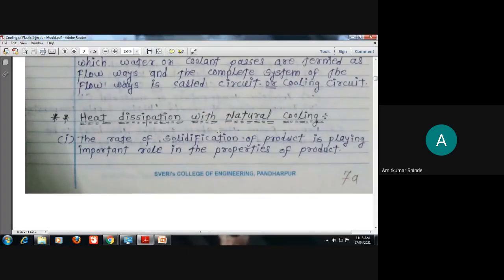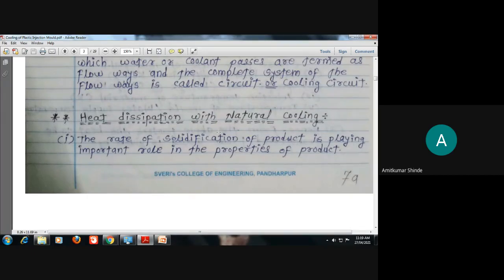Now here two types of coolings will occur. Okay, that mold will get cooled naturally and artificially also. Okay, how is it cooled naturally? As mold is open to the atmosphere, there will be some exchange or some dissipation of heat with the atmosphere.